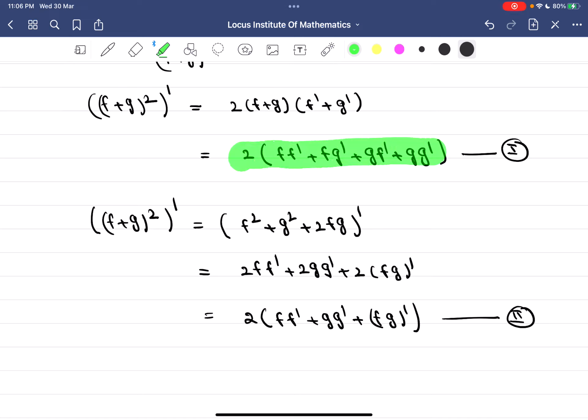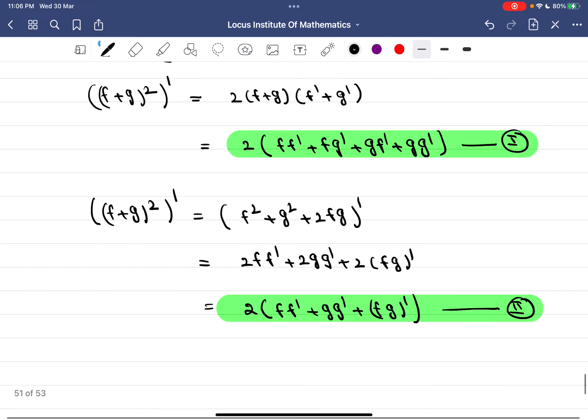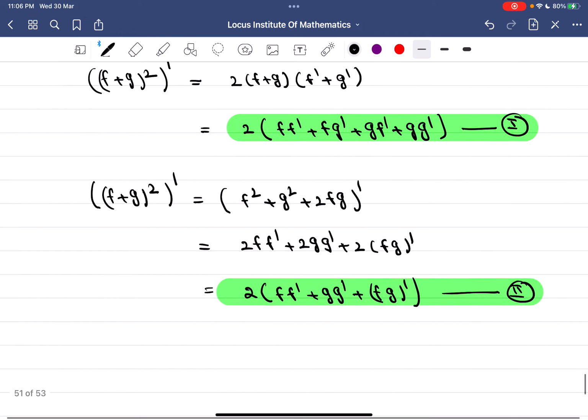Now what you do is compare the above 2 expansions, that is 1 and 2. So left hand side is same.